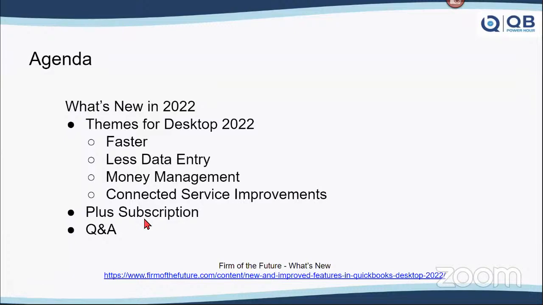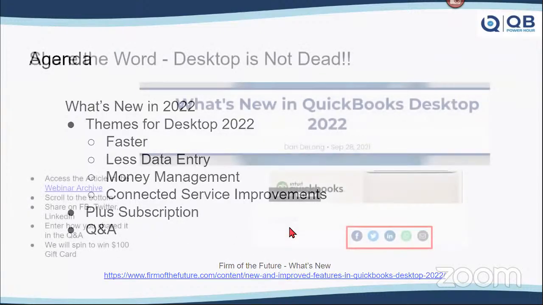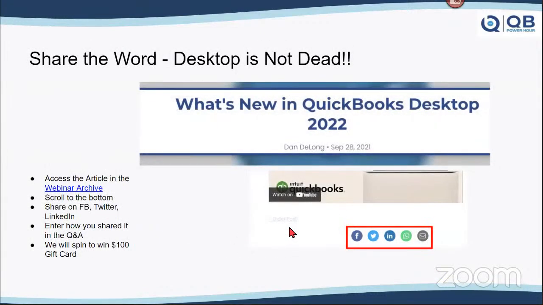We do have the link there for Linda Madeira's Firm of the Future article, so you can get that from the slides, and as well as on our QB Power Hour website, we have a link directly to that as well. So all of that is summed up today, and we have a little contest on the next slide, or promotion maybe, to spread the word.